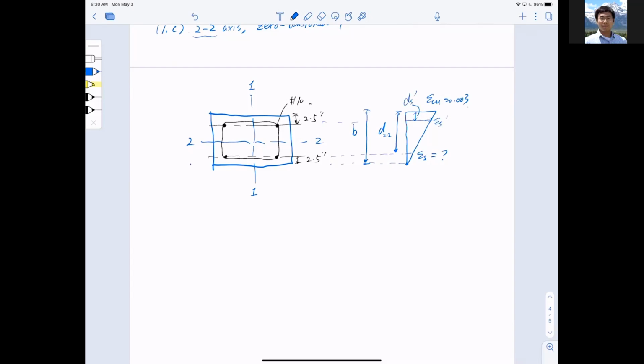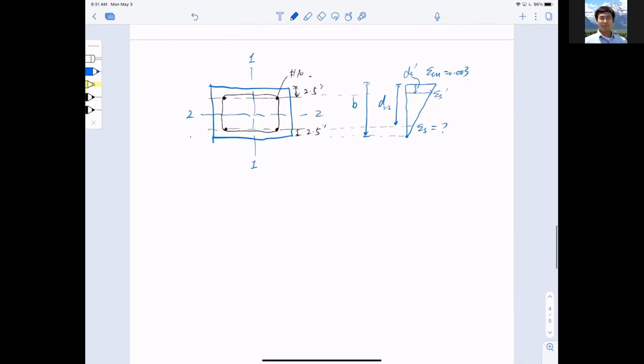I want to analyze the stresses now given the strain diagram. My analysis tells me that the strain in tension, supposedly, but now it's in compression, divided by d2 should equal, by similar triangles, epsilon cu divided by b.